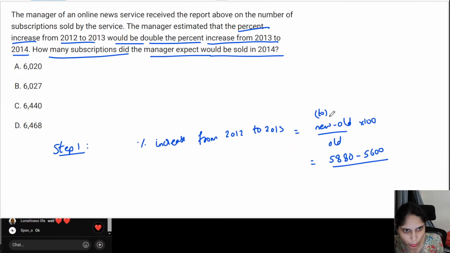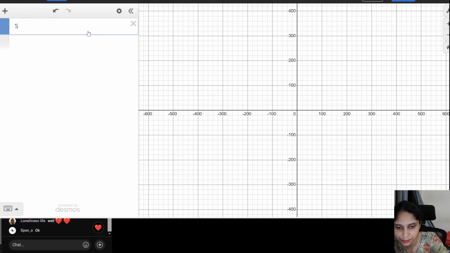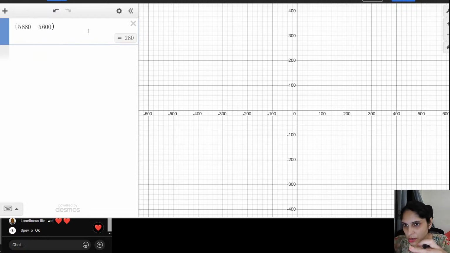And new is your to, old is your from. Can cut the zeros. Basically, we're just finding out 5880 minus 5600. You just have to put the close parentheses or close bracket, open bracket, they automatically take 5.